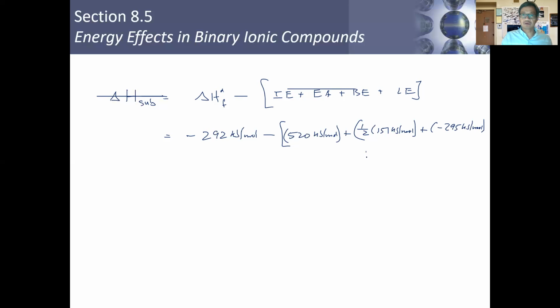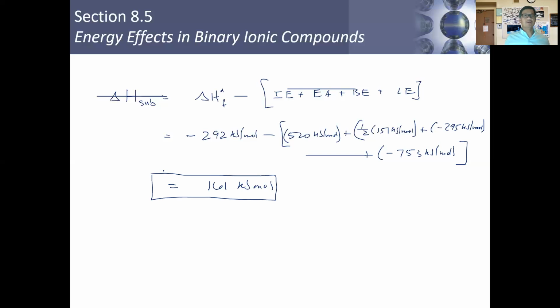Sorry, I'm running out of room here. And to that we're going to add the lattice energy, which was negative 753 kilojoules per mole. When you add all that up, you're going to get a value that is positive 161 kilojoules per mole, and that, folks, is your energy of sublimation to sublimate the solid lithium to gaseous lithium.